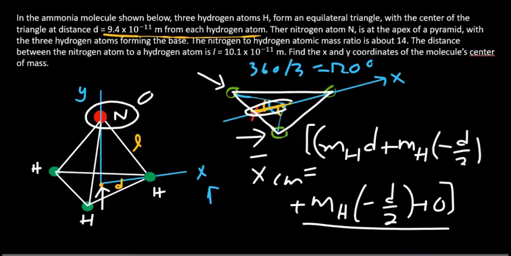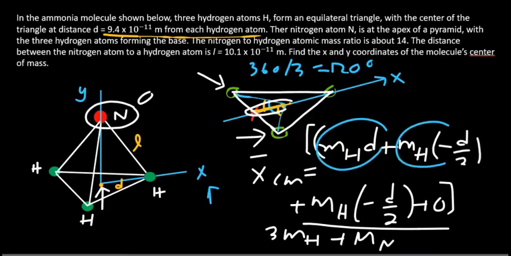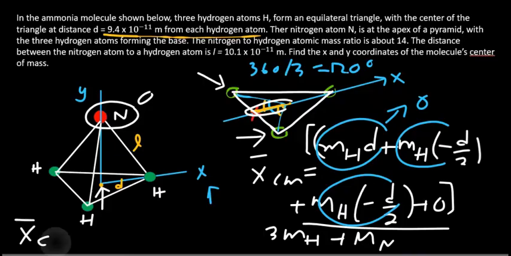And we divide this entire term by the sum of all the masses. So 3 times the mass of a single hydrogen atom, plus the mass of the nitrogen atom. However, you can clearly see that this plus that term cancels and gives you 0. So we conclude that the x-coordinate of the center of mass of this ammonia molecule is identically 0.